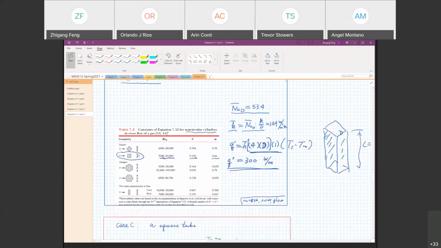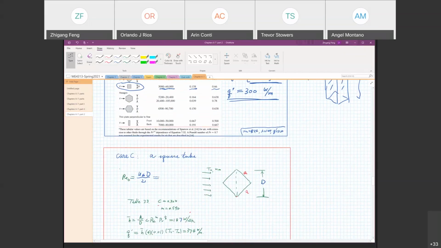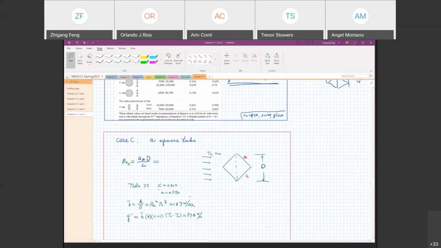Now the last case, case C, is a square cross-section tube, but this time I let the flow be perpendicular to the diagonal. So that's a diagonal. In this case, we will have to choose a different reference length.